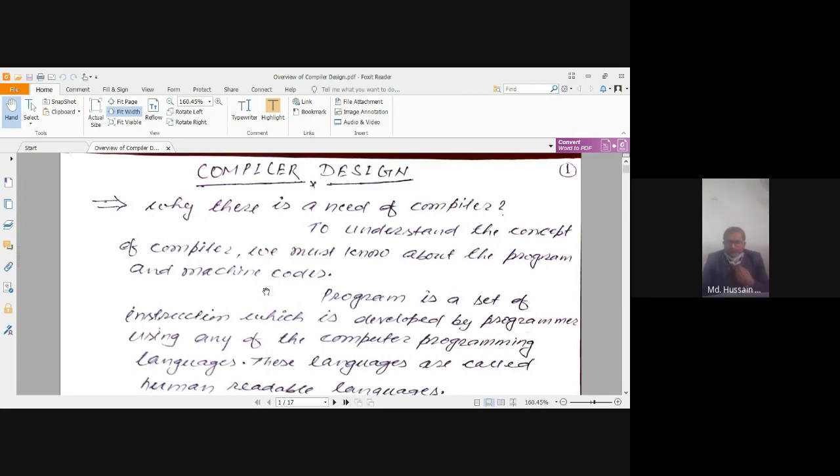One more problem is that it is very difficult to find the error since codes are written in a 0101 manner.